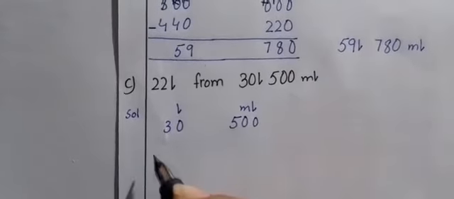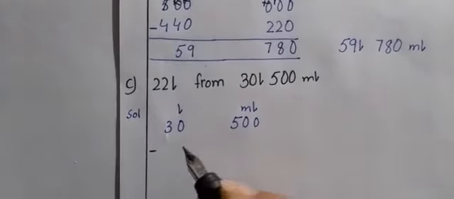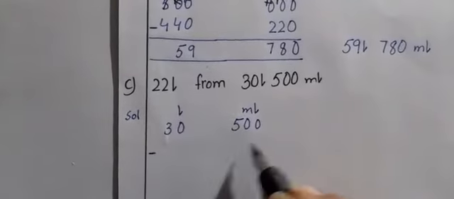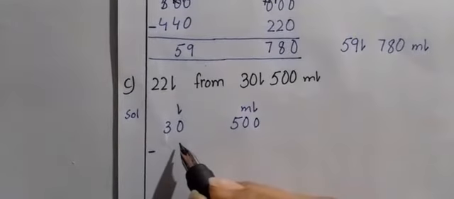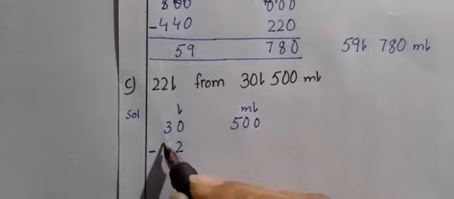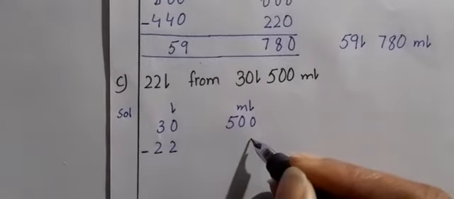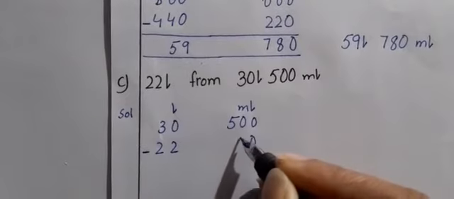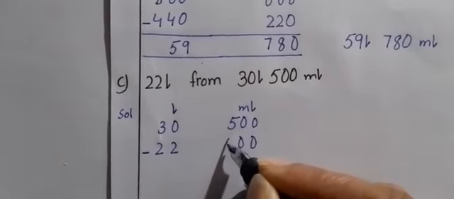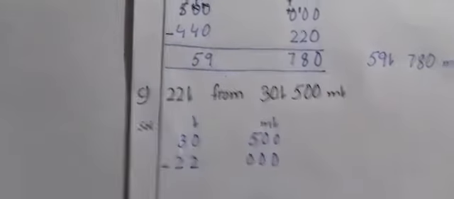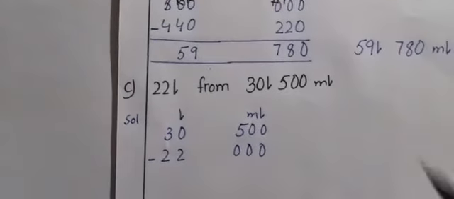Okay. Now I will write the subtract sign because we are doing subtraction and there is nothing in the milliliter, only 22 is in the liter, 2 and 2. And I have told you if there is nothing in the liters, we can write 0, 0, 0 because subtracting 0 from 500 will not affect our answer.